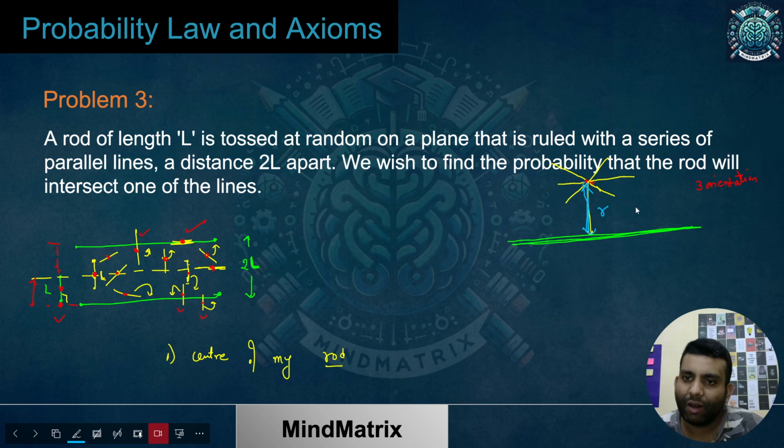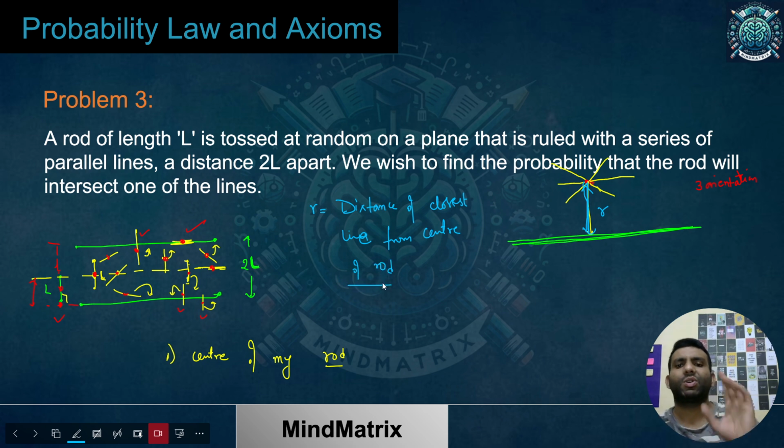Now what is this r? r is the distance of the closest line from the center of my rod. Important. Okay, this is important. So r is my distance of the closest line from the center of the rod. Okay, now this is clear.